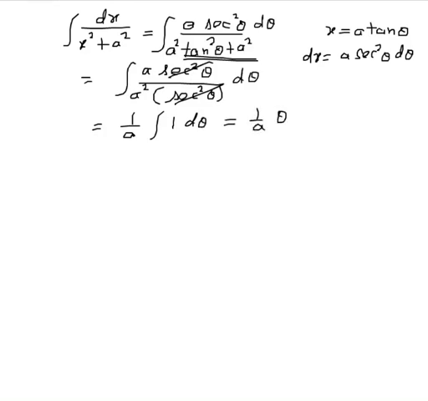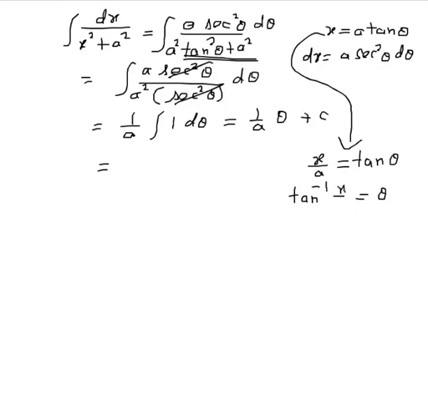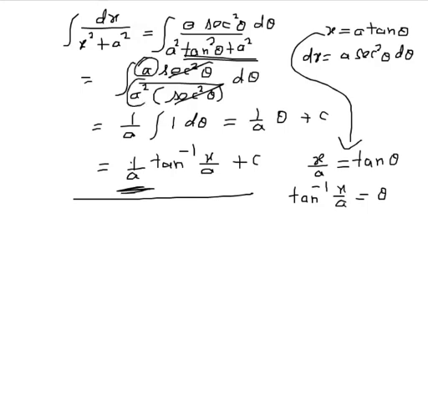An integral of 1 is theta, and we have to substitute for theta from here. So x by a is tan theta. So theta will be tan inverse of x by a. Therefore, the answer is 1 by a tan inverse of x by a and plus c. This tan inverse formula has 1 by a outside because we have a in the numerator and a square in the denominator. So it comes out as 1 by a.